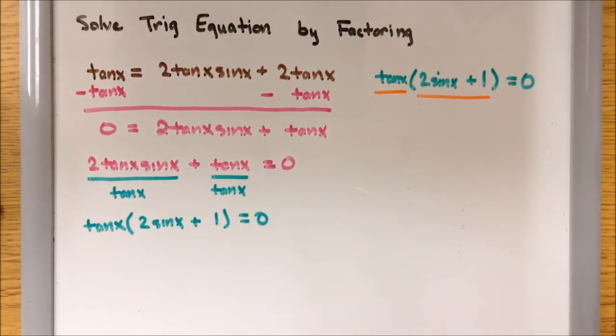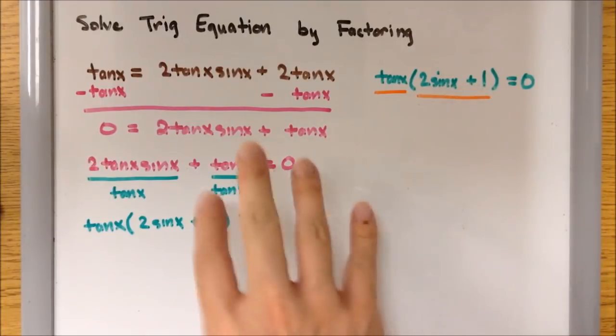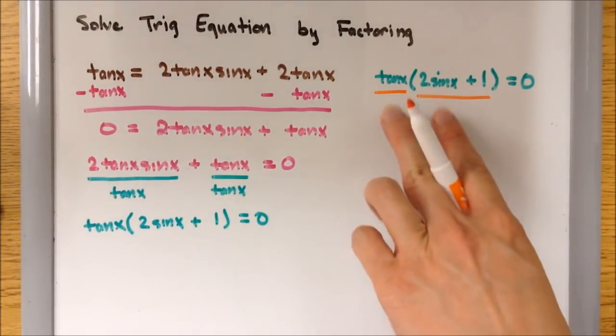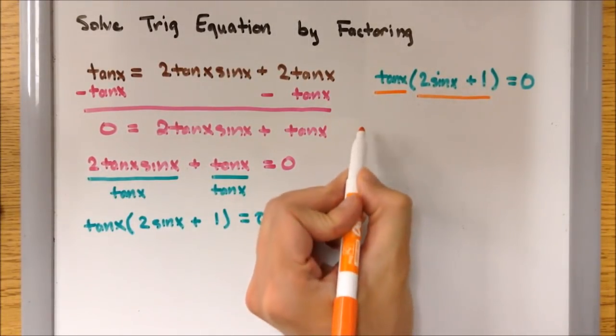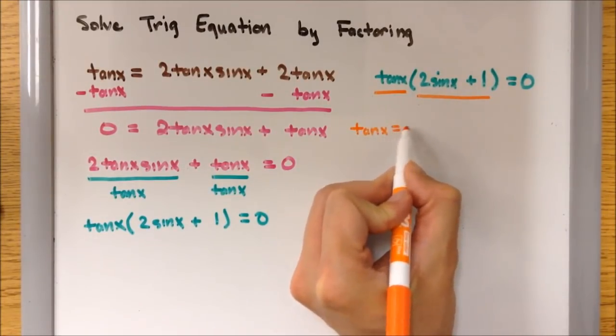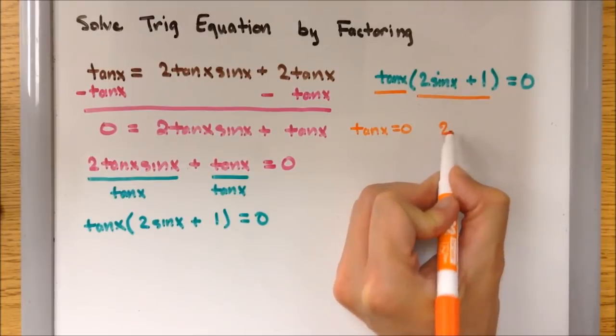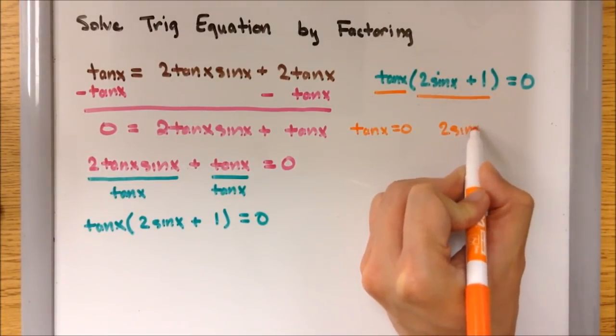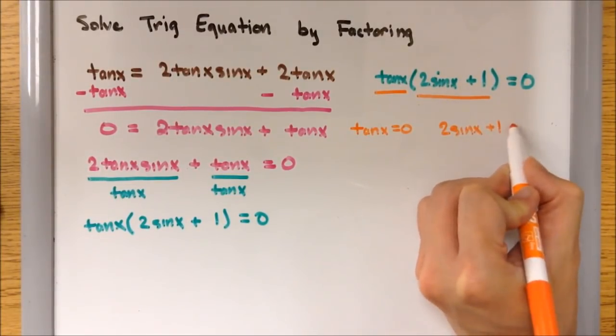Since the equation is equal to 0, I want to set each factor equal to 0. Tangent of x equal to 0, and 2 sine of x plus 1 equal to 0.